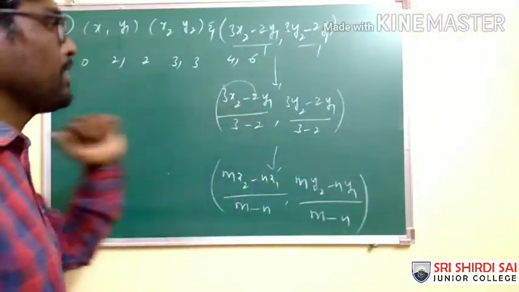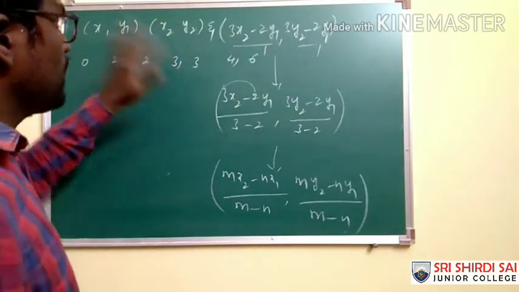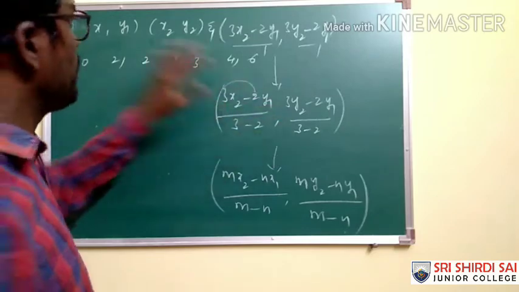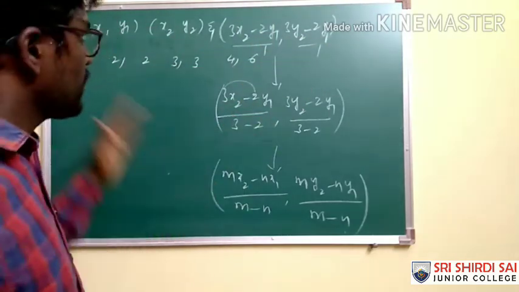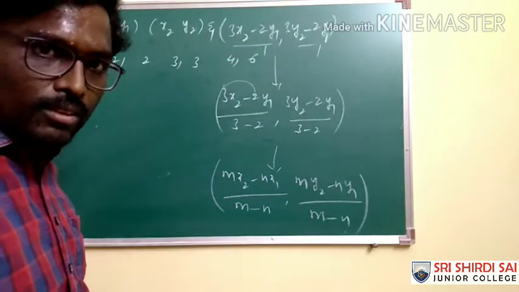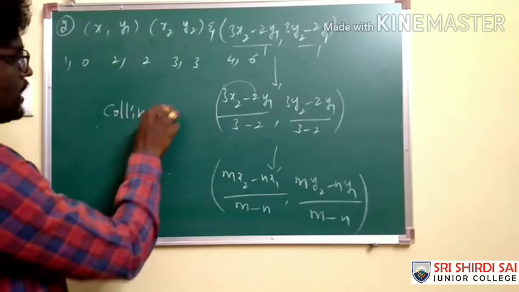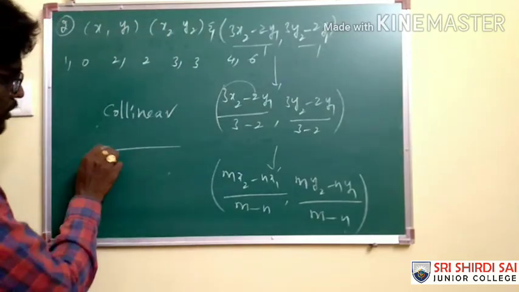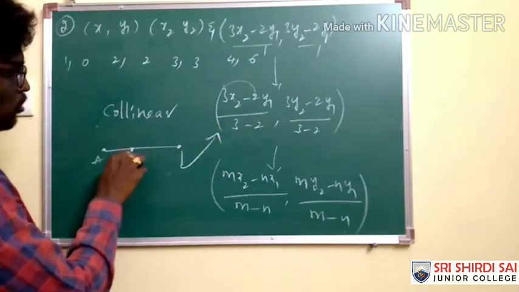Here the third coordinate, also in terms of the first two coordinates, is going to divide the line joining these two externally in the ratio 3:2. Means these 3 points are going to be collinear. Hope you understand, because the points are going to be something like this. This is the external point and they are the given two coordinates.